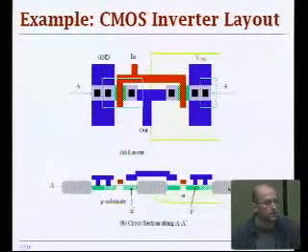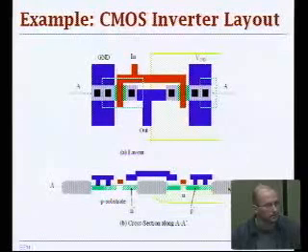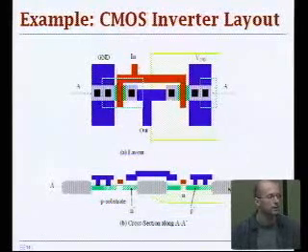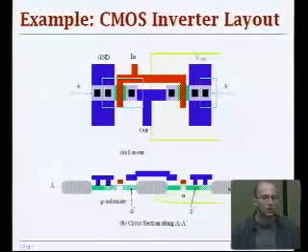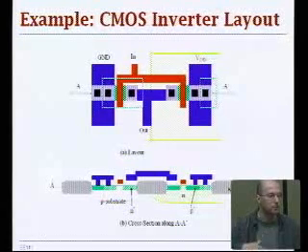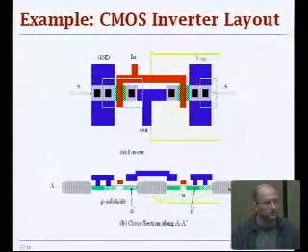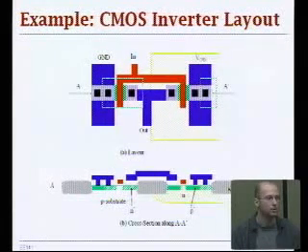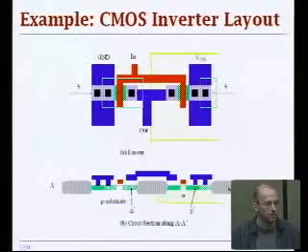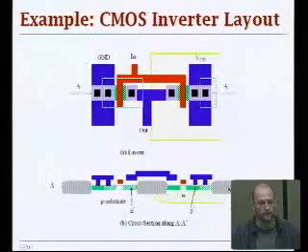You don't want to have too big of a hole in your metal. But when you go up to higher metal layers, you will observe that your minimum size for a contact will get larger, because your metal lines get thicker, and then you have to use bigger contacts to connect them. Okay.